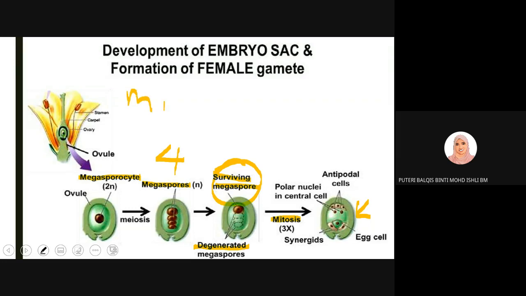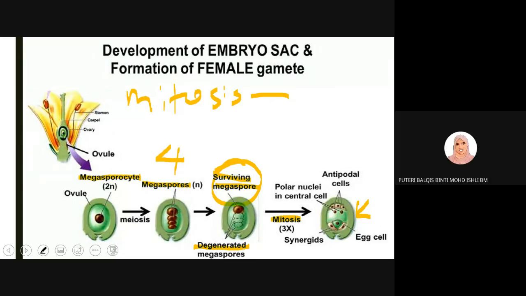Kalau sekali mitosis, berapa daughter cell? Chapter 3 ni. 2, kan?